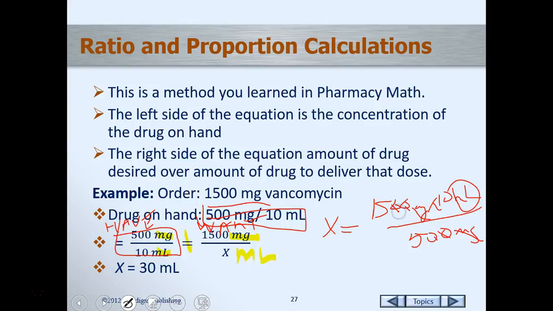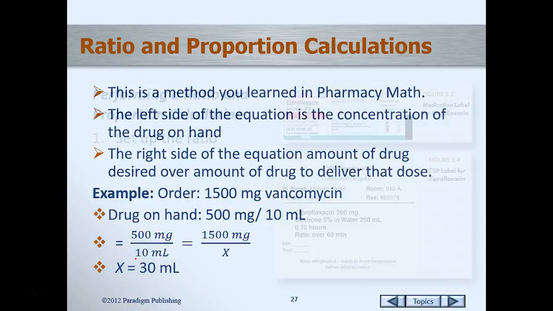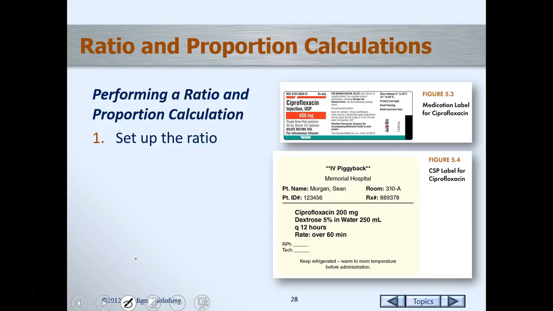Get rid of a couple of zeros there. So I have 150 divided by 5, which makes 30 milliliters. So, ratio proportion. Now we have this one. Let's have you solve for the amount that we need.